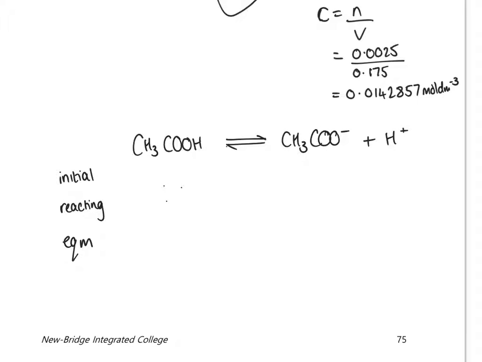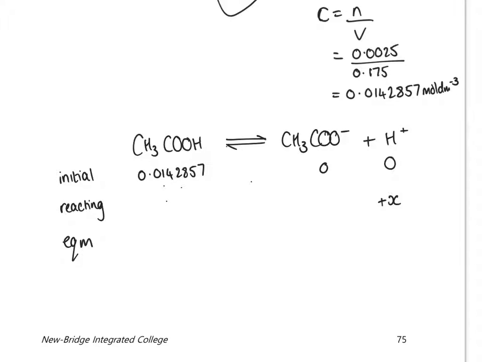And again, because we're sticking with the same volume now, we can use our concentration values rather than number of moles. So originally we have 0.014287 moles per decimeter cubed of my ethanoic acid, and at the start none of it will have dissociated into its ions. Once it has dissociated, I'll form a certain concentration of my hydrogen ions, which is what I'm interested in.